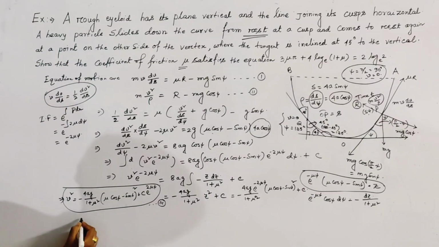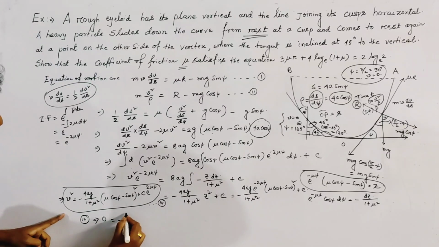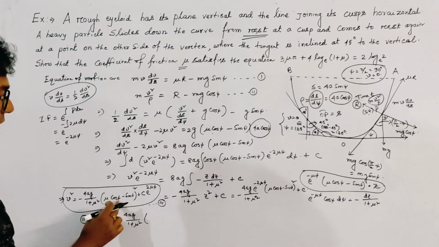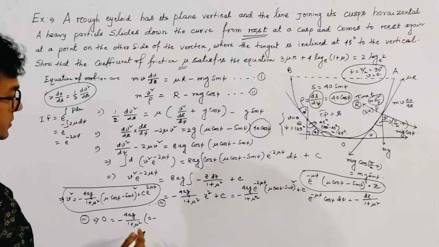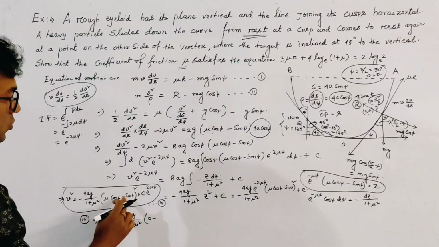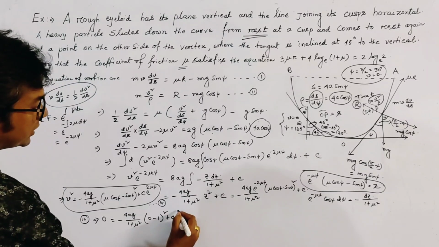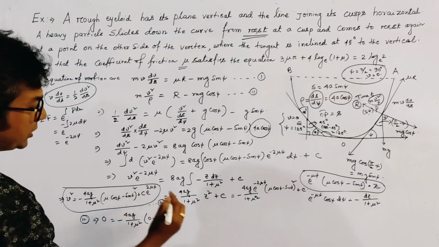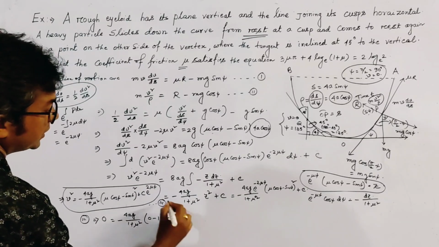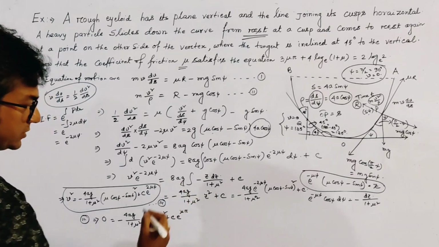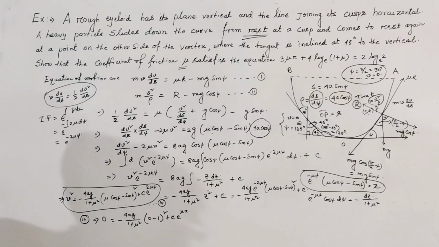So from relation 3 we get this is 0 and the right side is minus 4ag by 1 plus mu square, and the right side is mu cos pi by 2 means 0 minus sin pi by 2, this is 1 square, plus c into e to the power 2 mu into pi by 2, so it is given by mu pi, right? This is the first condition.